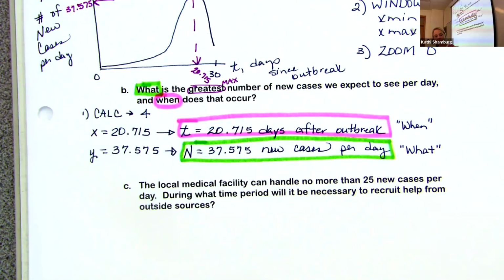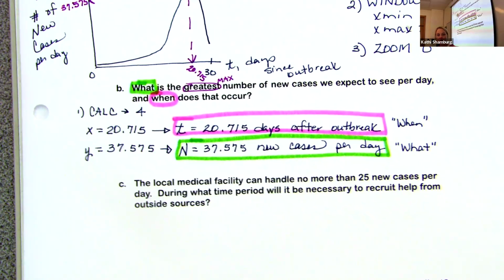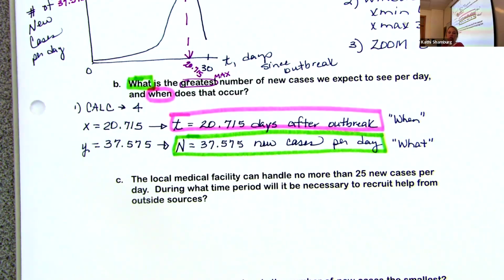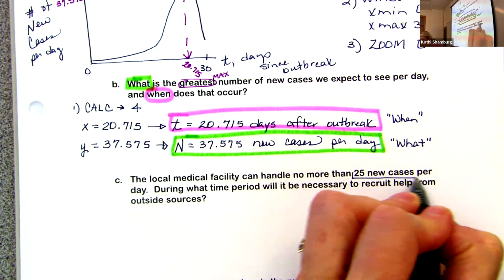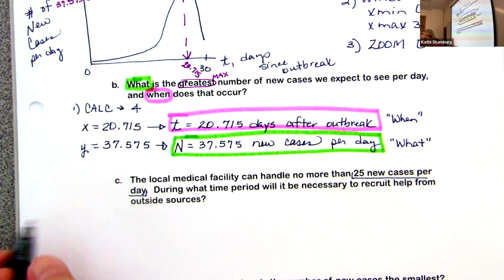Okay. All right. The local medical facility can handle no more than 25 new cases per day. During what time period will it be necessary to recruit help from outside sources? Okay, so here's what they've given us, 25 new cases per day.